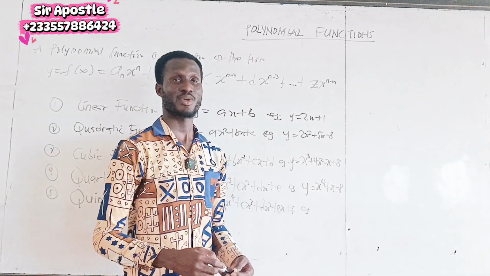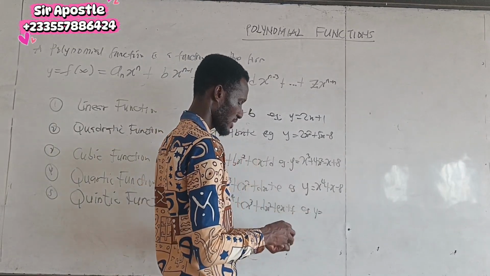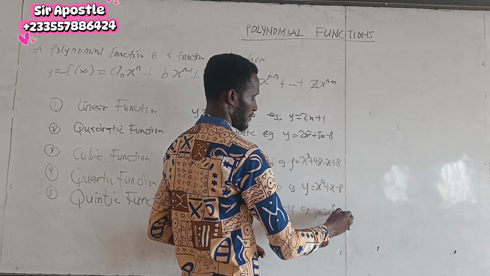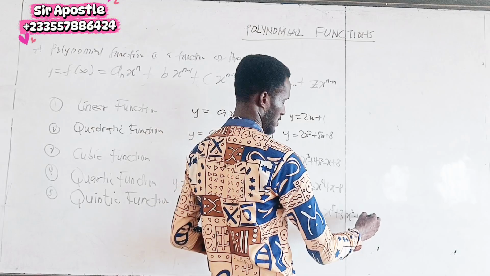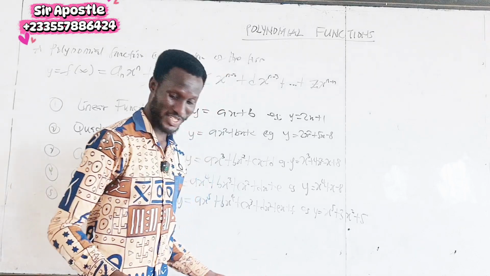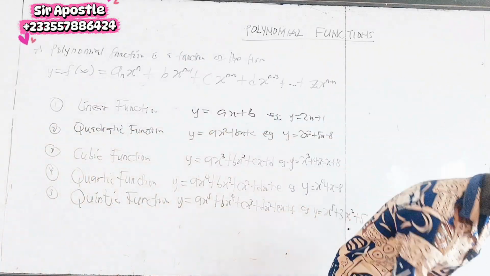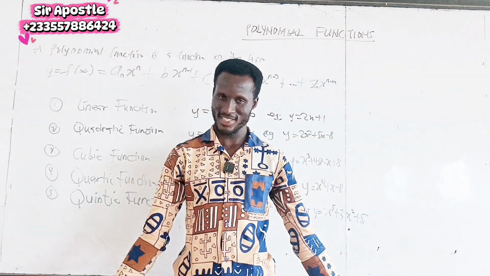Example, whenever the exponent is 5, we have y is equal to something like x exponent 5 plus 3x exponent 2 plus 8. The most important thing is that the exponent is supposed to be 5. It is as simple as that.